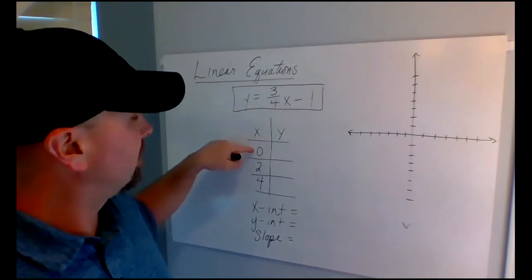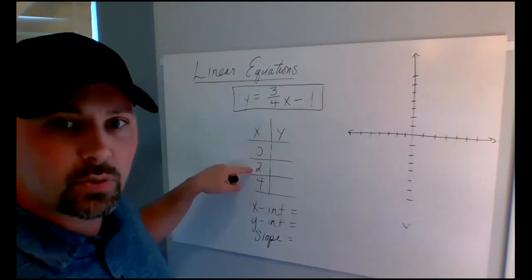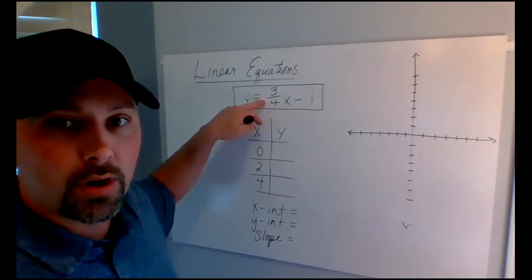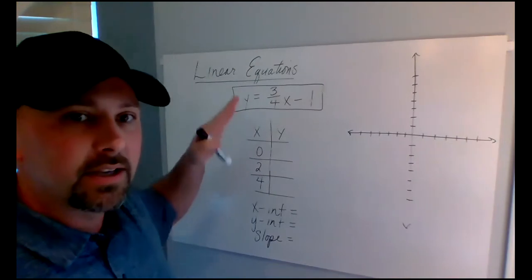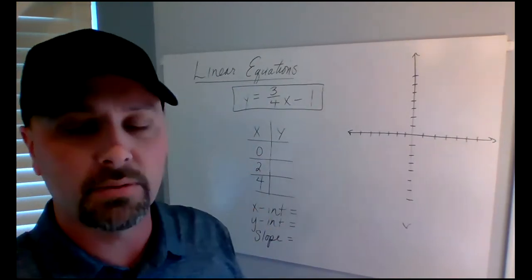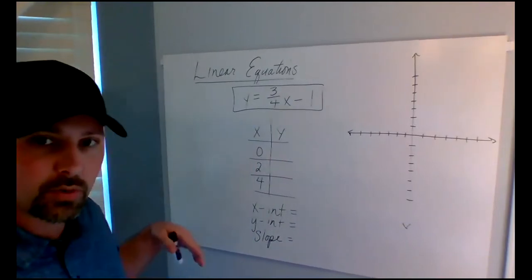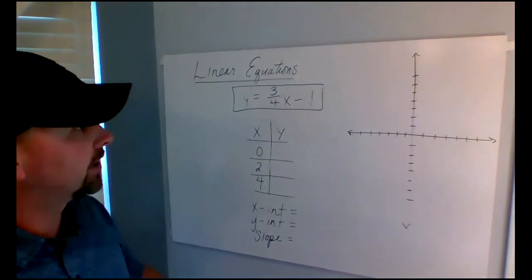So 0 is good, 4 is good. I maybe wouldn't have picked 2, I might have picked 8. But multiples of 4 is a way to kind of get rid of that fraction, and you're going to see what I mean by that. But they picked these numbers for us, so we're going to go ahead and work through what they have.